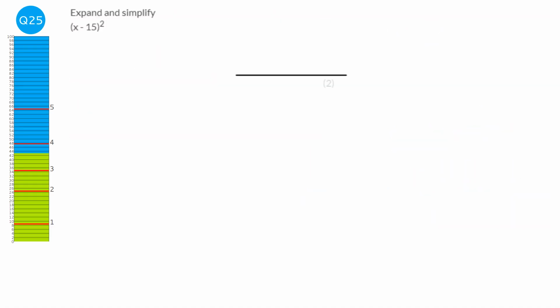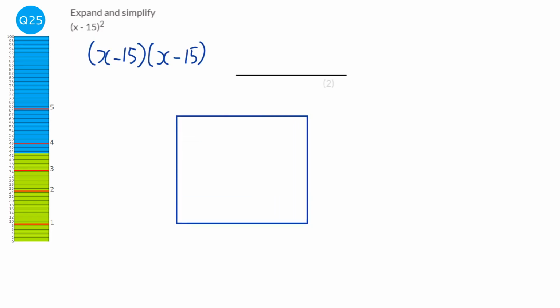The most important first thing that we do is whenever you square something, you times it by itself. So we're going to rewrite this as x minus 15 times x minus 15. The way we approach this is exactly the same as we've done with the other ones. We're going to do a multiplication grid, with x minus 15 at the top and x minus 15 at the bottom.